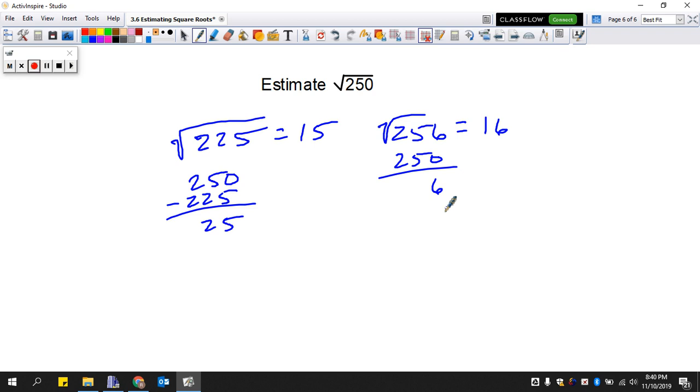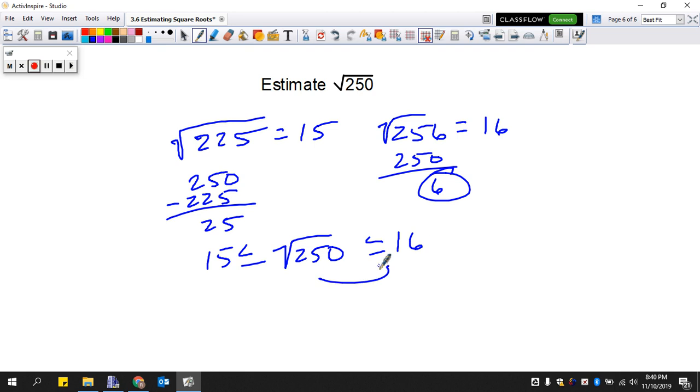So it's obviously closer to 256. So the square root of 250 is between 15 and 16, and is closer to 16.